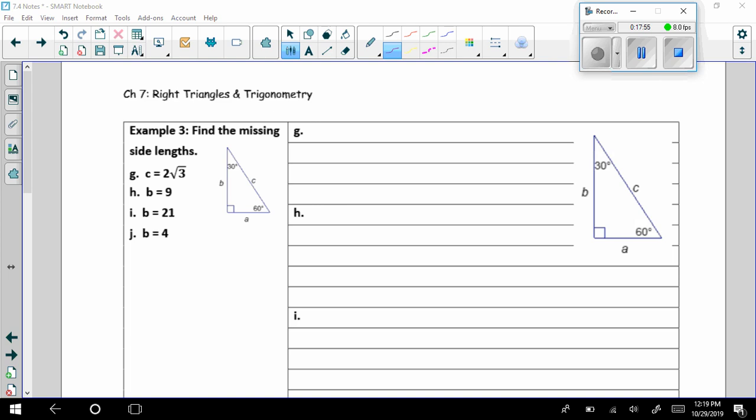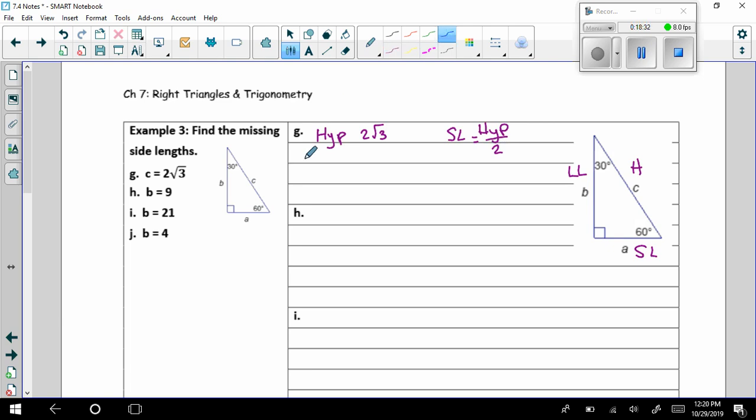Okay, I know the video is getting a little long, but just want to do a couple more here in case you get some weird things. So again, we have our hypotenuse, we have our long leg across from the 60, our short leg across from the 30. So make sure you know which one's which. In this case, we're given the hypotenuse, so the hypotenuse is 2 root 3. Okay, well, the short leg is the hypotenuse divided by 2.